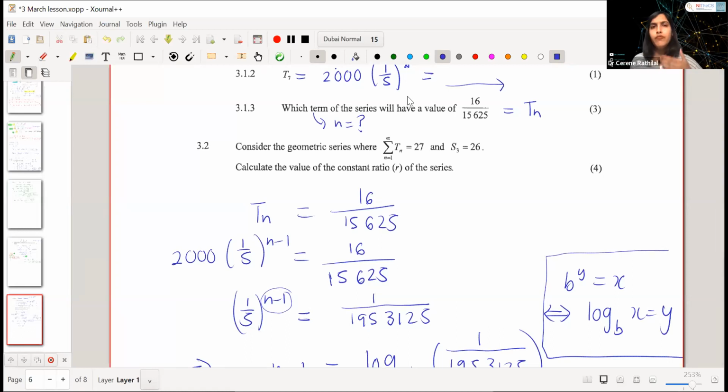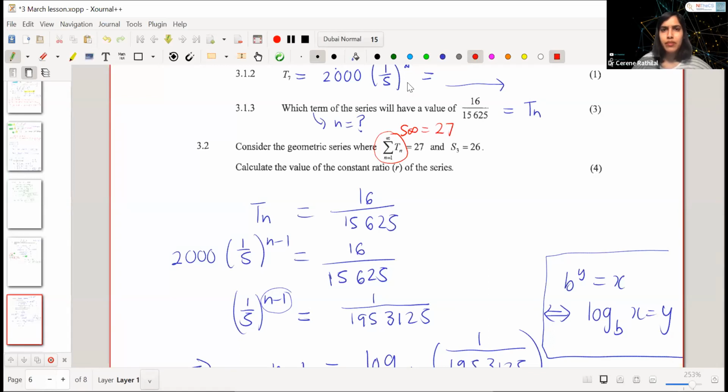So when I take the sum from 1 to infinity of terms in a geometric sequence, what is that? Of course, this is a series. What type of series? You've seen this before? This is the sum to infinity, isn't that so? So this here is S infinity equals 27.